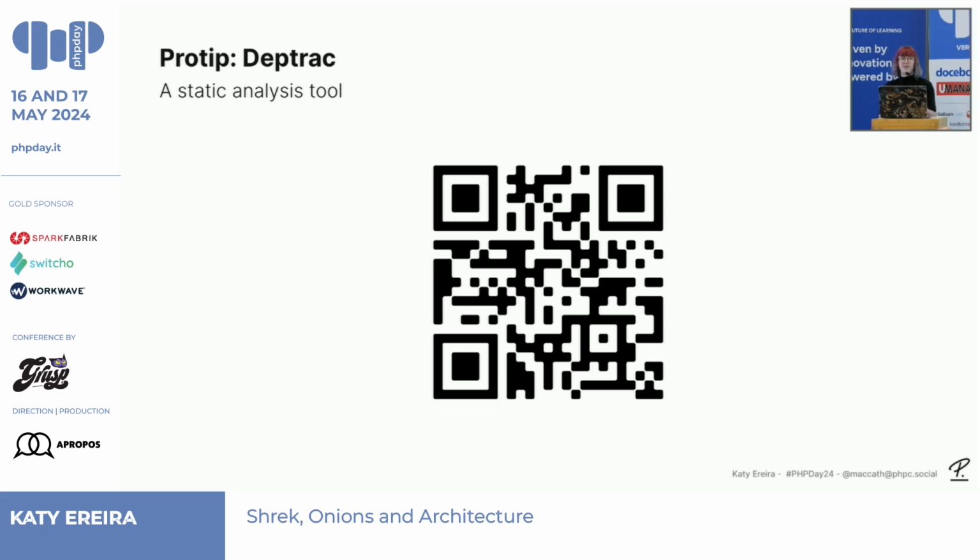So remembering our onion, the outer layers can look in, but the inner layers can't look out. And you can set up your whole configuration to say which layers can interact with others. So, for example, everything can reference your domain layer, but nothing in the domain layer can reference anything outside of that. And you can essentially do it based on namespaces. For example, you might have your app domain, and then your app services and your app infrastructure. And that's a really good way of keeping track of where your dependencies are and what they're interacting with.